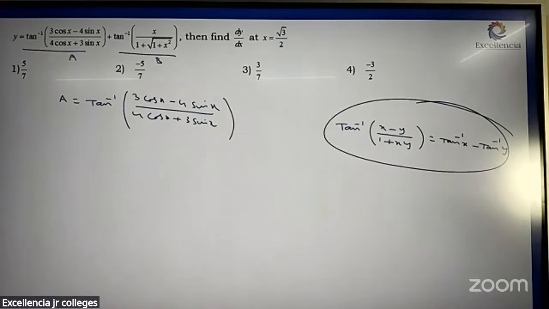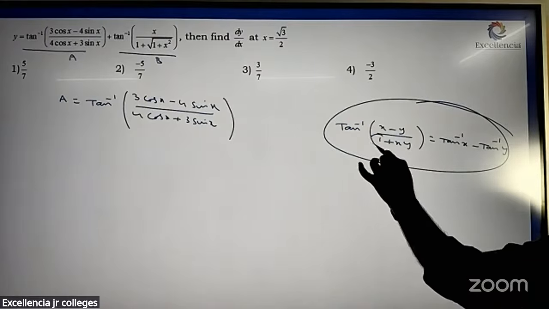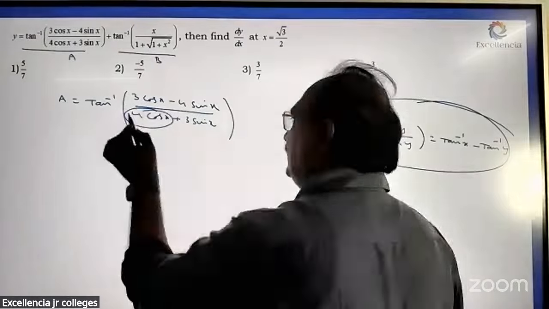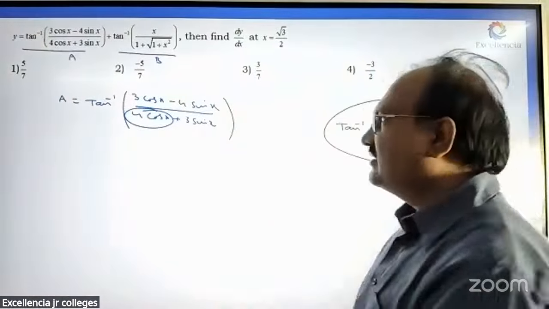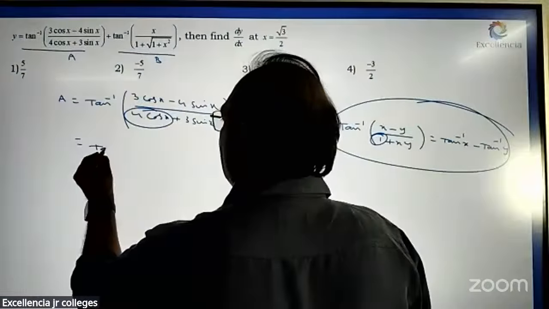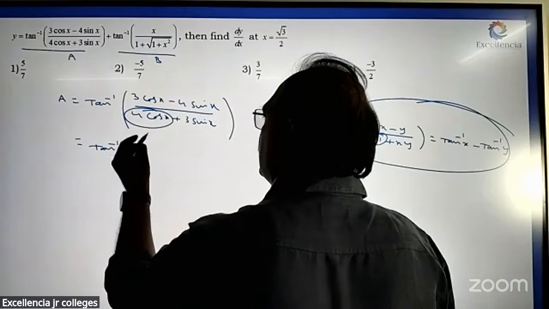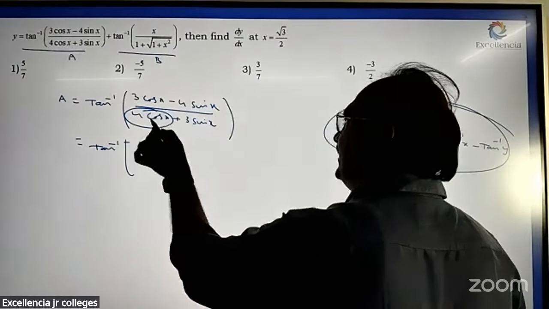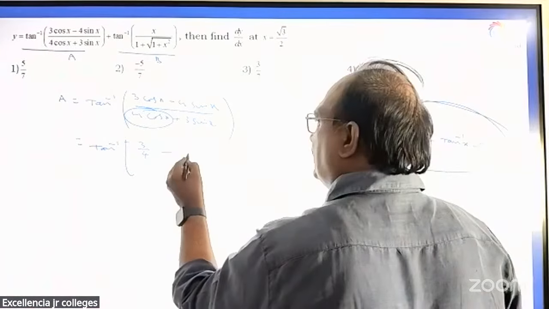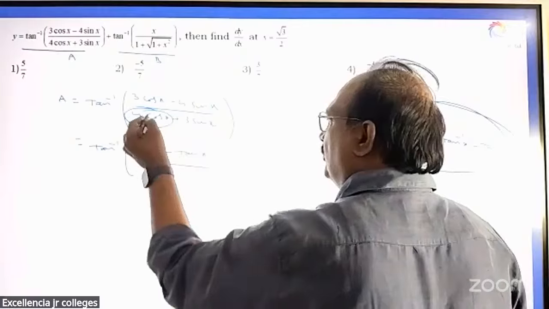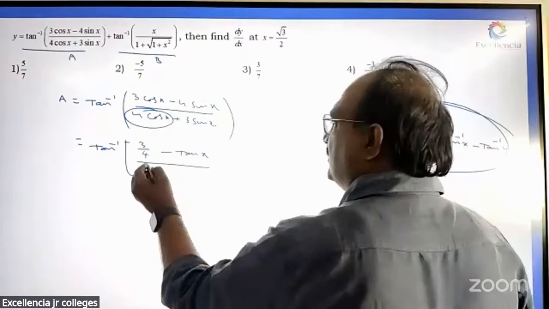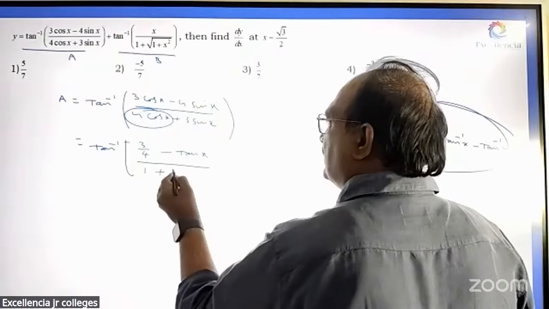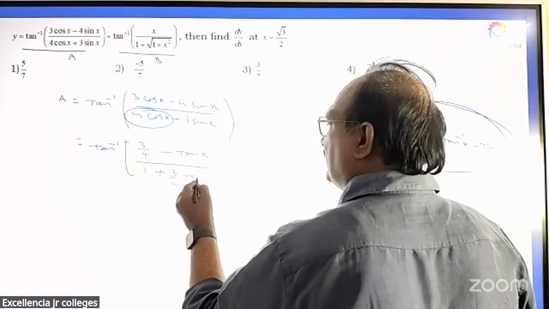So I am going to use this. For that, the first term of the denominator must be 1. So I have to divide numerator and denominator by 4 cos x. Then I will get tan inverse of 3 cos x by 4 cos x, that is 3 by 4, minus 4 sin x by 4 cos x, that is tan x, by 4 cos x by 4 cos x, that is 1, plus 3 sin x by 4 cos x, that is 3 by 4 tan x.